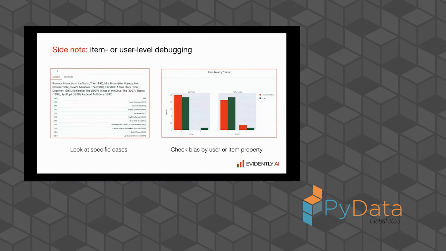And if you see something weird here, for instance, for a user who had quite a lot of romantic comedies during the interactions in the previous history, you suddenly started to recommend a lot of horror movies, then such things can help you to quickly come up with good hypotheses of what's going on, right?